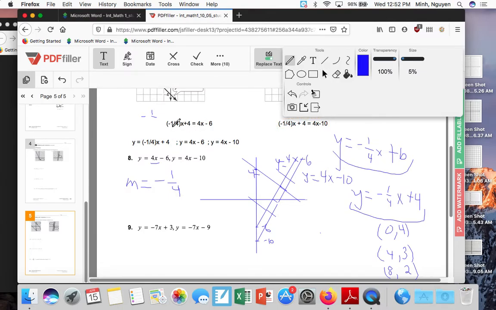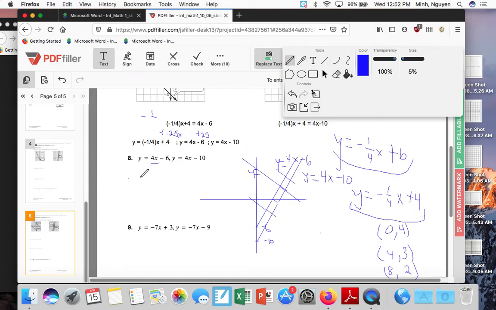To get rid of negative 1/4 x, I will add 1/4 x to both sides. So plus 0.25, which is the same thing as a quarter, plus 0.25.